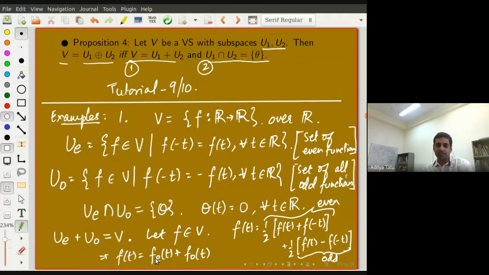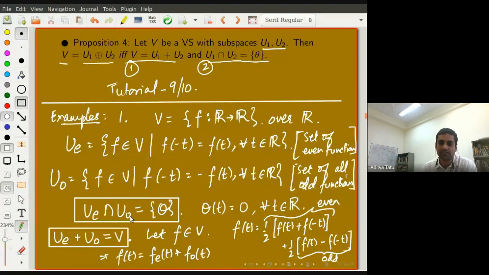I hope this is not too difficult to see. We have basically proven that the sum of UE and UO is equal to V. And we have just shown that the intersection of these two has to be theta.